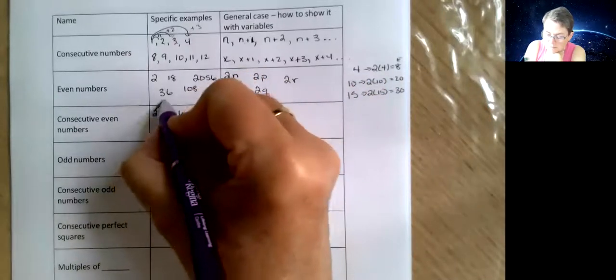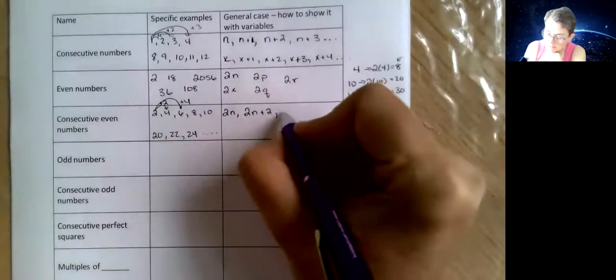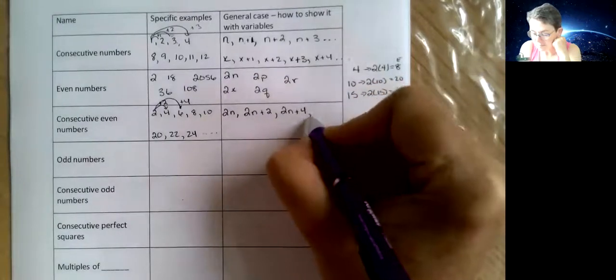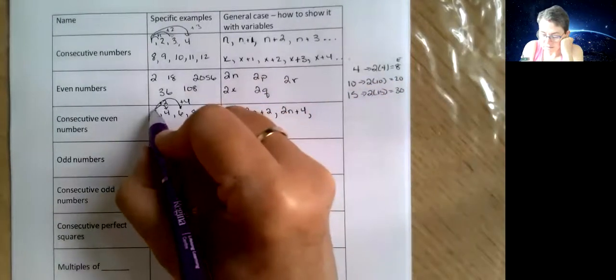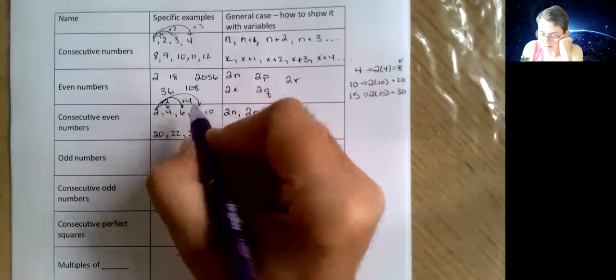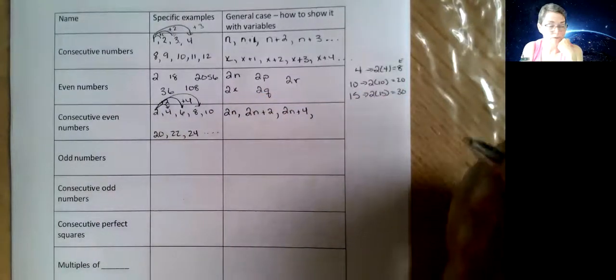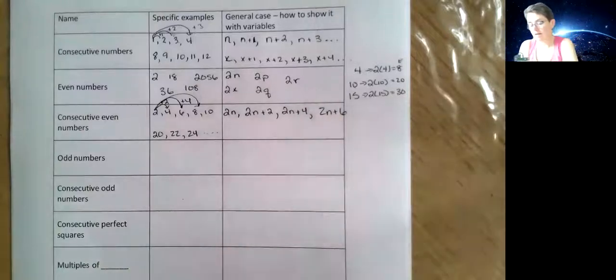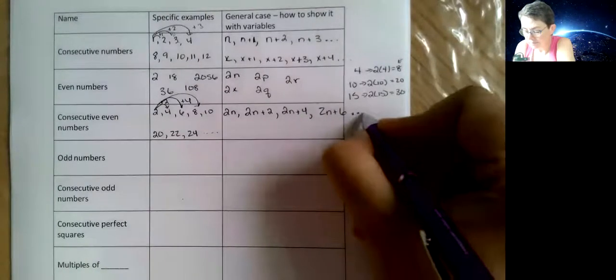And then if we go to the next one, to go from 2 to 6, we added 4. So 2n plus 4. Are you seeing the pattern? And I'm thinking I should have left myself more room. 2n plus 6. And it just keeps going.